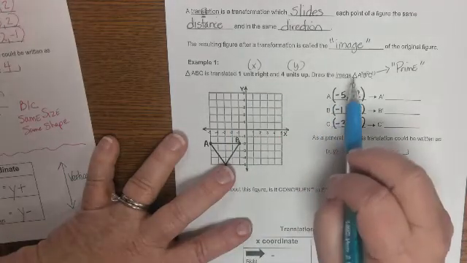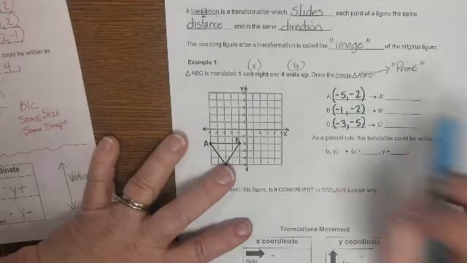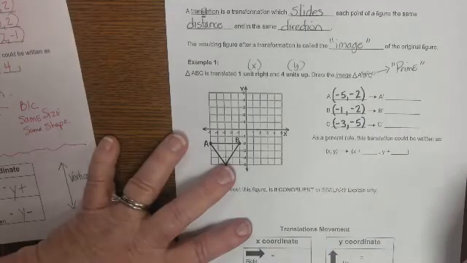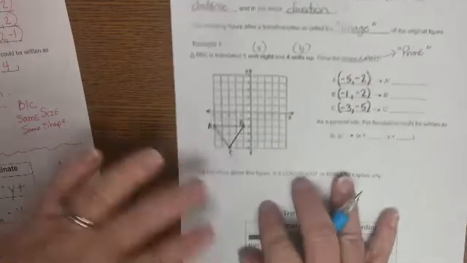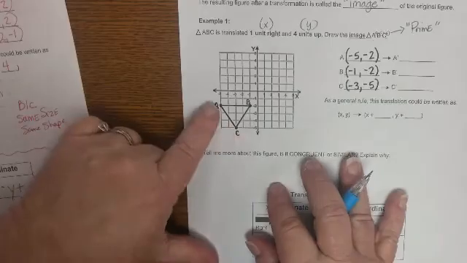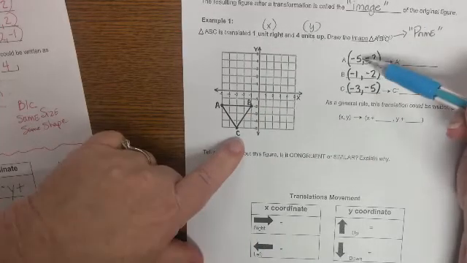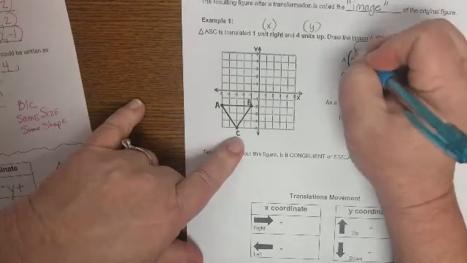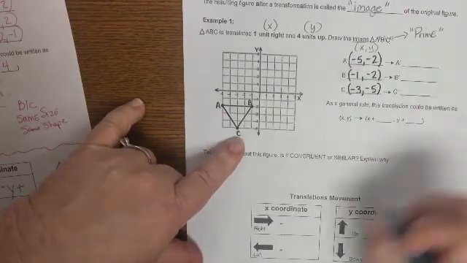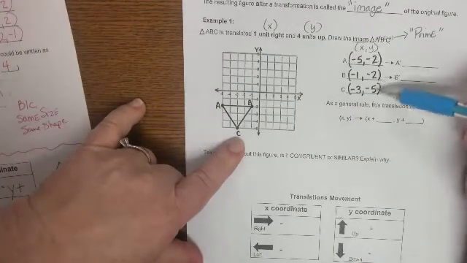Draw the image triangle A prime, B prime, C prime. So they've given us a figure already on here. It has A, B, and C. They've already given us the coordinate points, and remember this is your X, this is your Y, of A, B, and C.